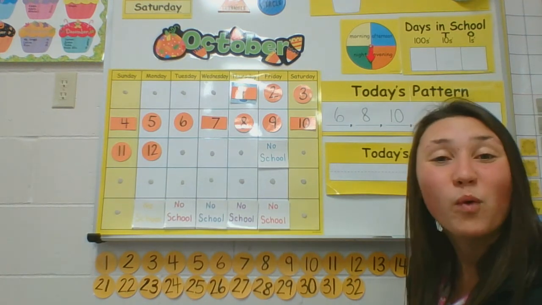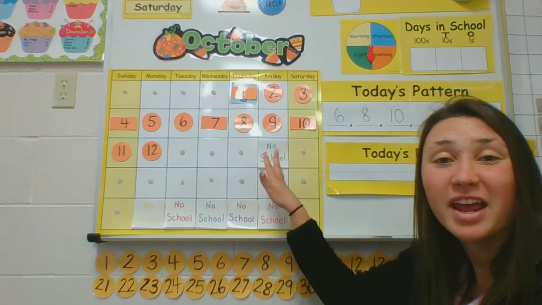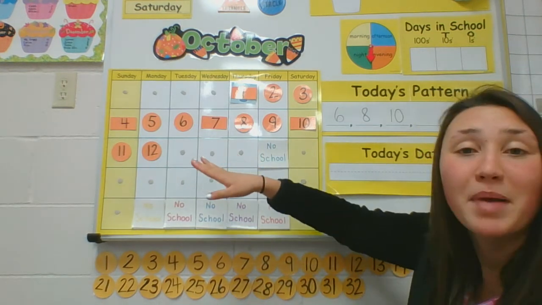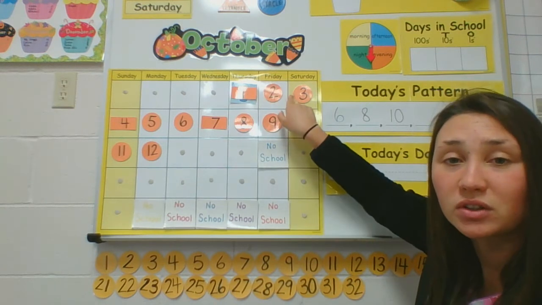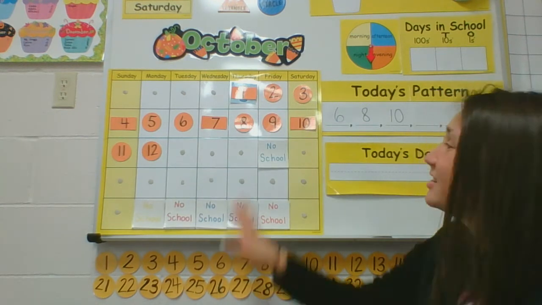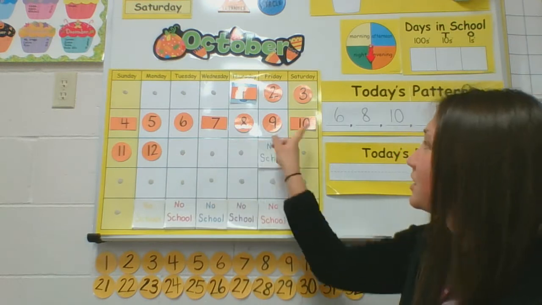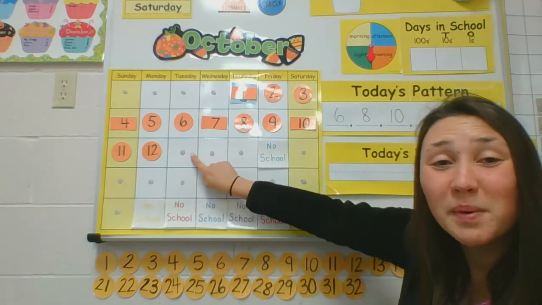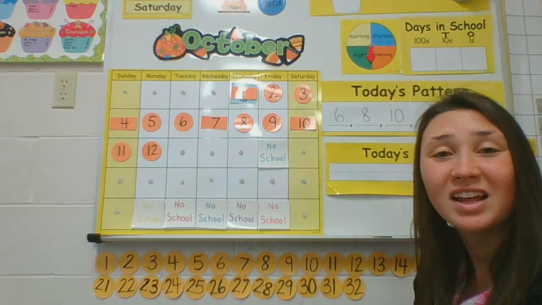So what shape are we going to have today for our shape pattern for the month? Remember, our pattern is rectangle, circle, circle. So take a look at what we have going on for 10, 11, 12. What will we have for 13?